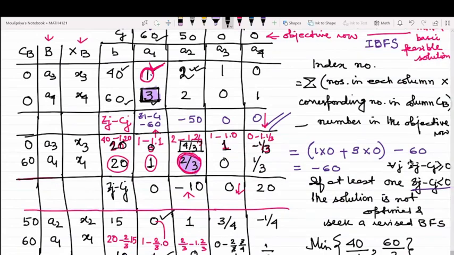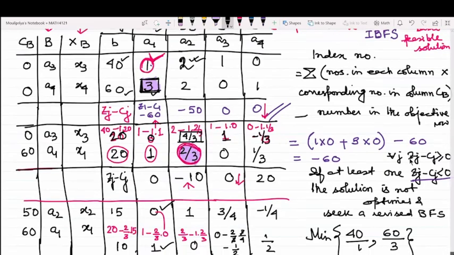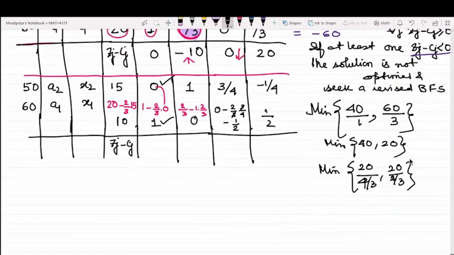So this amounts to 0. Correct. Second column, Z2 minus C2, would again be 0.